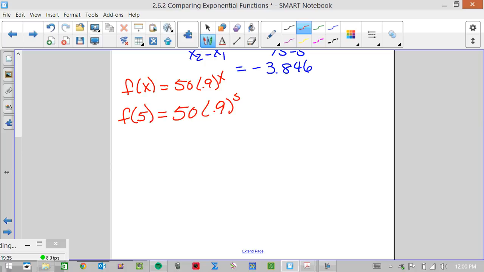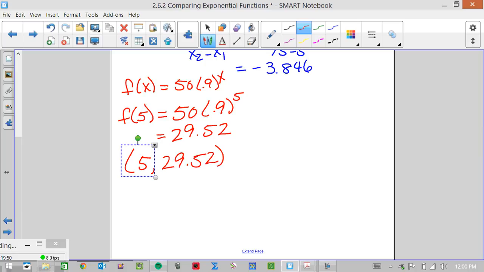So I plug in 5 for x, and I get 29.52. So my first point is 5, 29.52, and then I need to find f of 15.